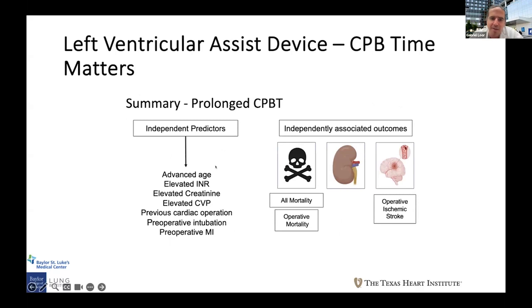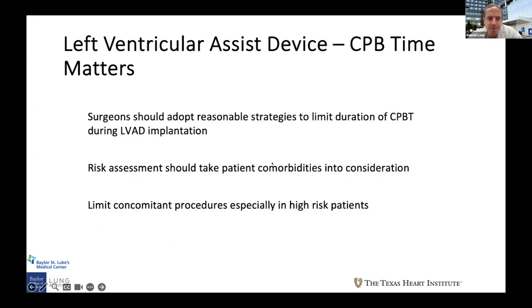We saw some risk factors for who would have long pump times, and really no surprise: elevated INR, advanced age, elevated creatinine and CVP, but again, independently associated with mortality, renal risk, and stroke. So I think it's reasonable to adopt some strategies to limit the duration whenever reasonable.